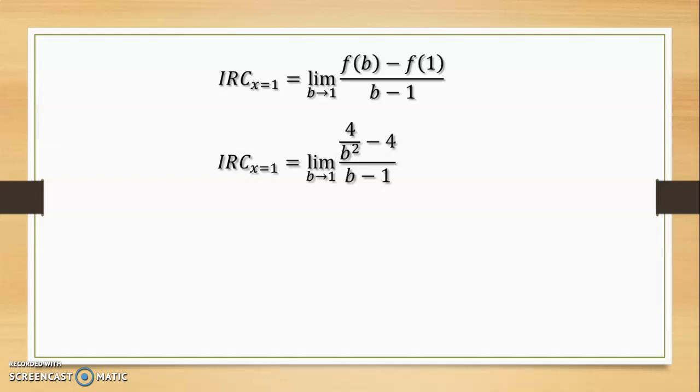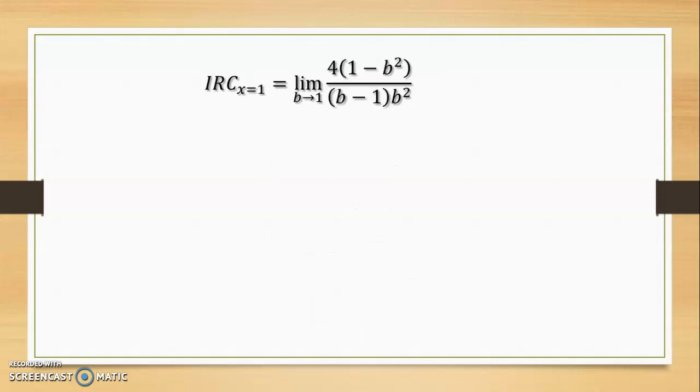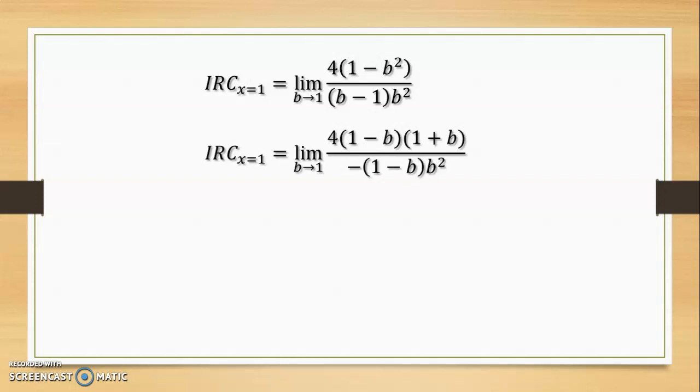We are dealing with a 0 over 0 form here that we can handle by simplifying the fractions. So I've multiplied by b squared both the top and the bottom. And then we can proceed by factoring and cancelling. So I've first and foremost factored the 4 from the numerator. And then a difference of squares shows up where we have 1 minus b, 1 plus b at the numerator.